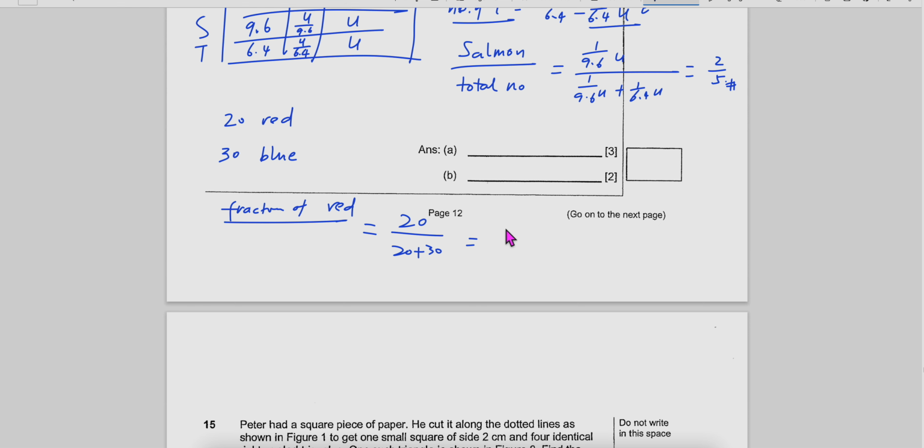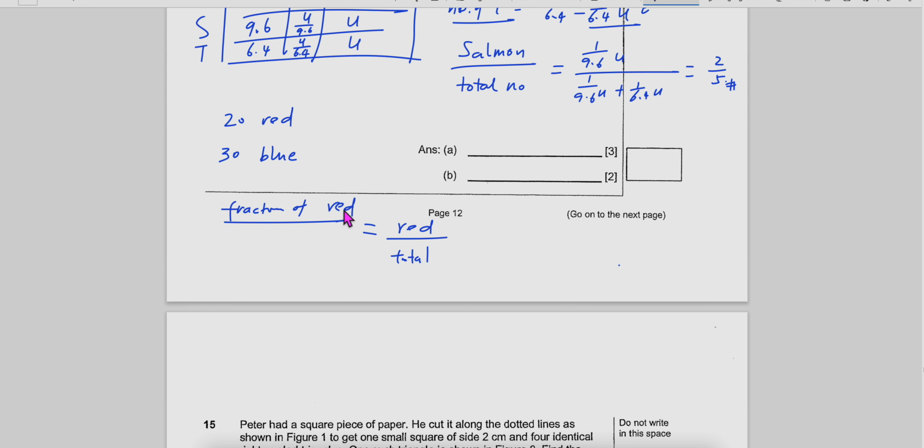So it's 20 over 50, divided by 10, so it's 2 over 5. So if they ask for the fraction of red, I don't care about the answer so much, I care about what you put. If they ask for the fraction of red, it means red divided by total.